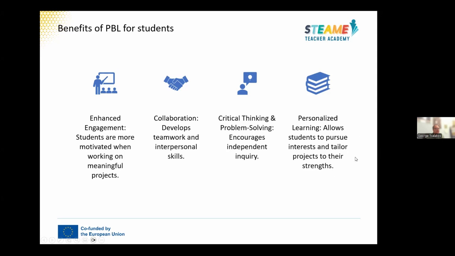And they are learning how to learn, and personalized learning.